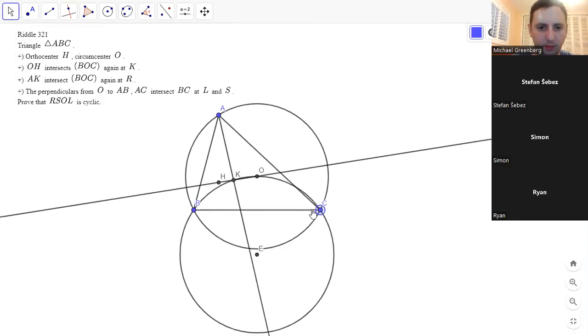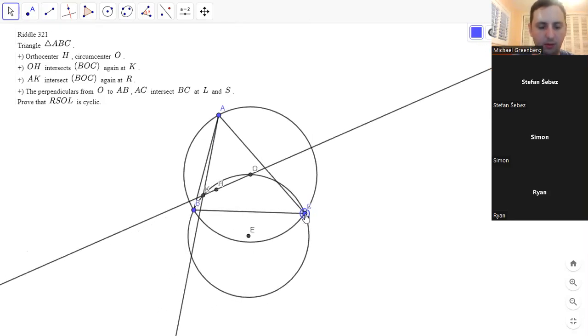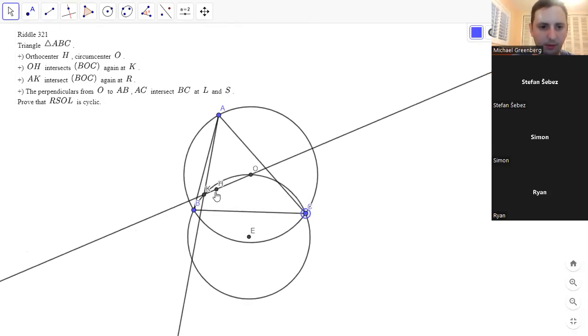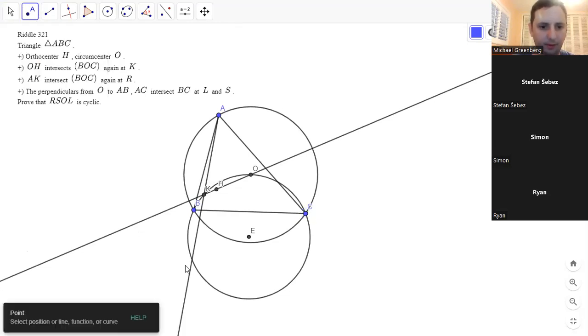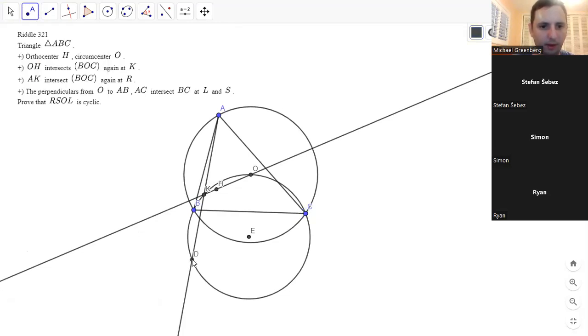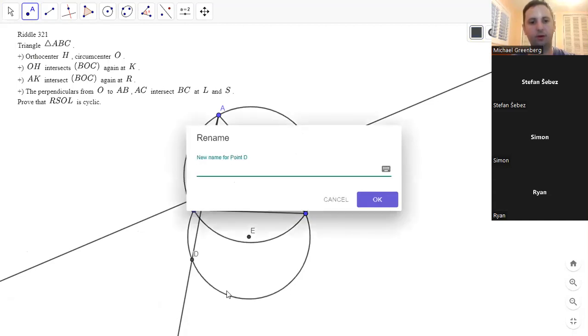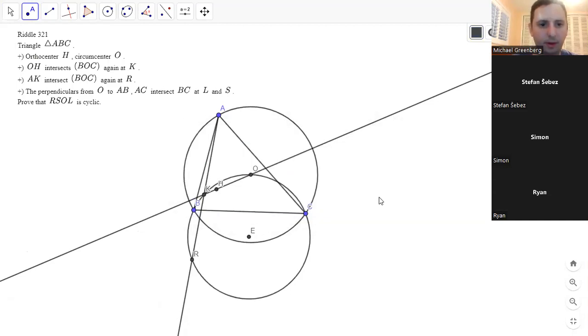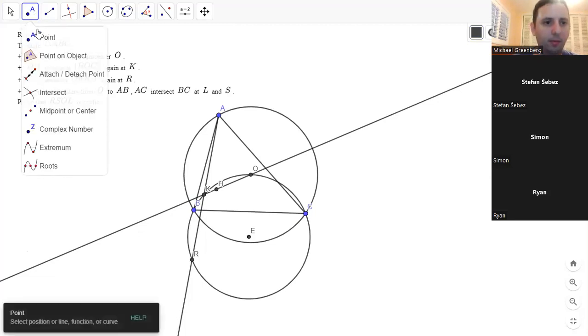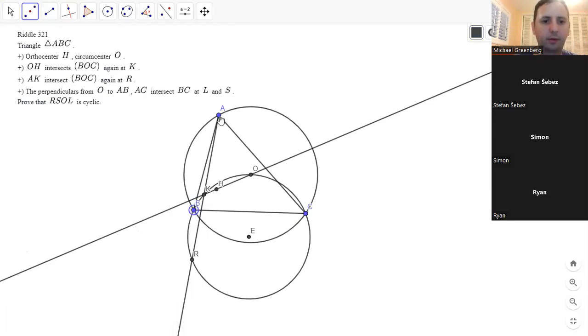All right. So let's see. We'll draw it like that for now. So AK intersects the circle at R. And the perpendicular from O to AB and AC. So basically, those lines go through the midpoints of AB and AC, right?